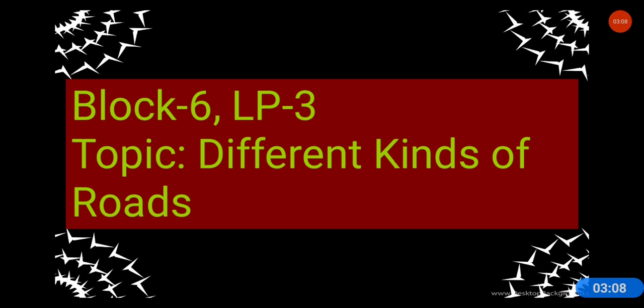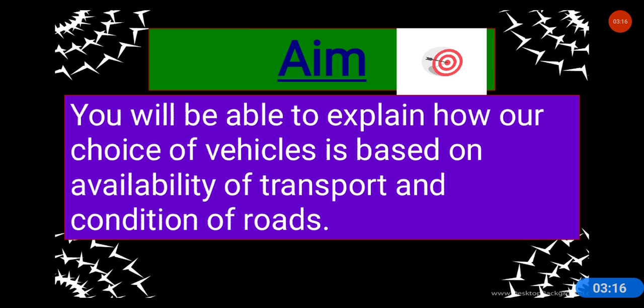So this is block 6 lesson plan 3 and this is our today's topic, different kinds of roads. Our aim is, I believe at the end of this lesson plan you will be able to explain how our choice of vehicles is based on availability of transport and condition of roads.